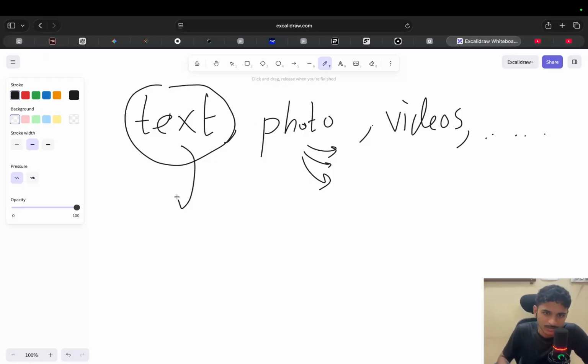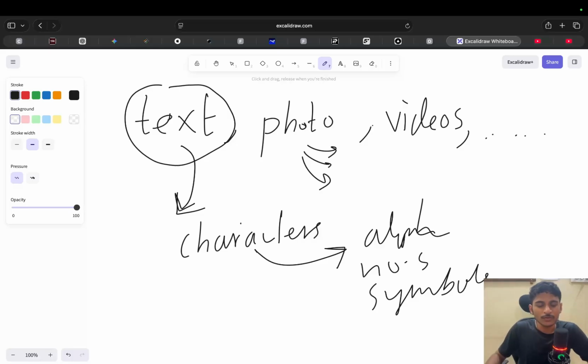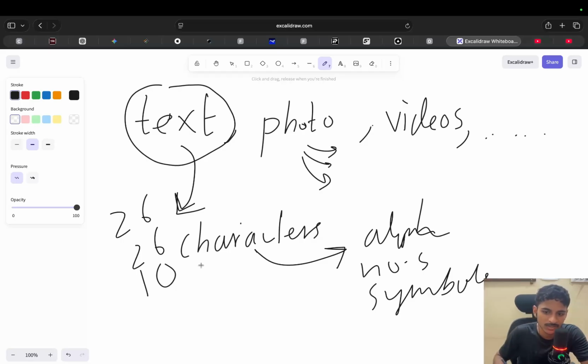So let us get into the text. What are text files? What is stored in text? Characters, right? Characters: alphabets, numbers, symbols, right? That's it. If you look at all of them: small alphabets 26, capital alphabets 26, digits 10, special characters like question mark, less than, greater than, comma, parentheses, brackets, and all of them.